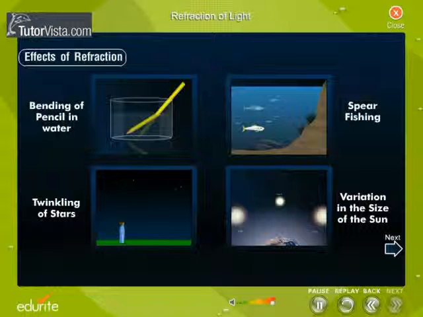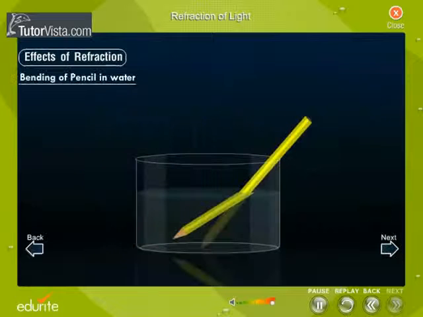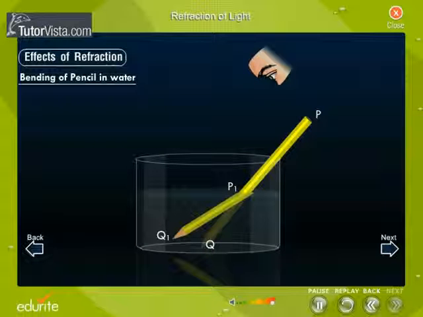Here are some of the effects of refraction. A straight pencil, PQ, when immersed obliquely in water, a portion of it appears to be shortened and raised up as P1 Q1 under the water. Let us understand this with the help of a ray diagram.